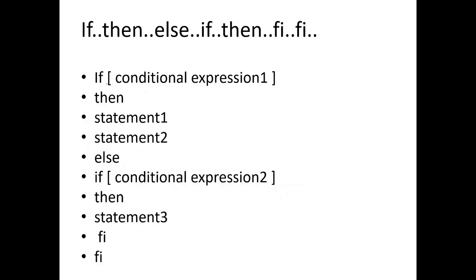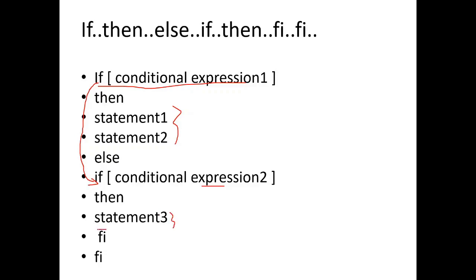Next condition. So this is the first condition. If the first condition is true, then this it will execute. If the first condition is false, it will come to this condition. See now, this is the same as elif only. We have not included elif here. We have just included an if condition, which I told you in the previous one. And if this condition is true, it is going to execute statement 3.